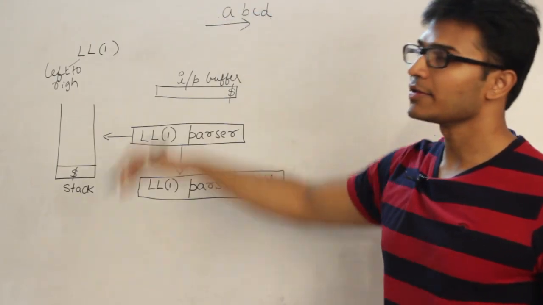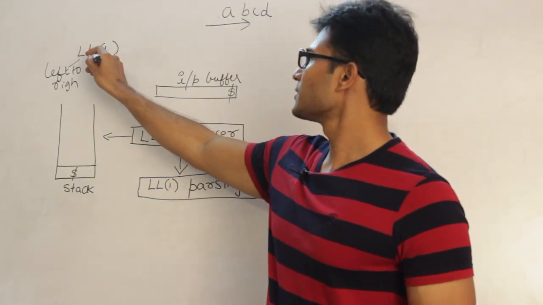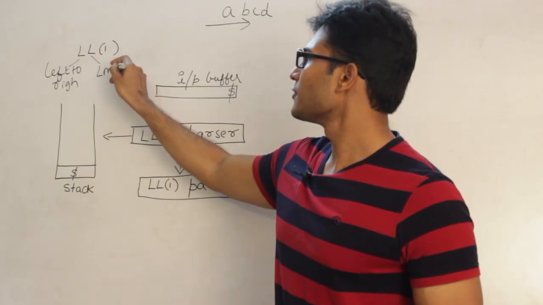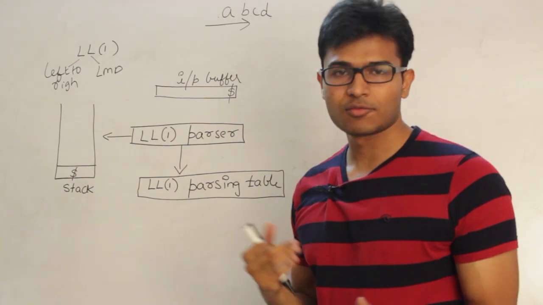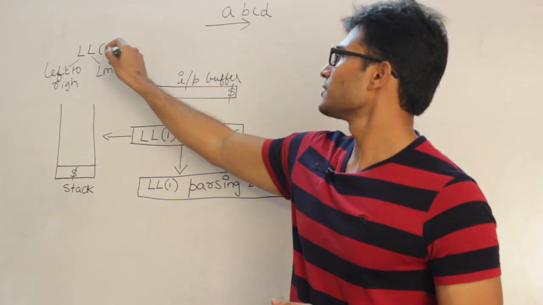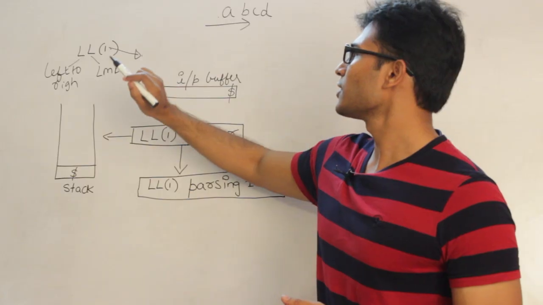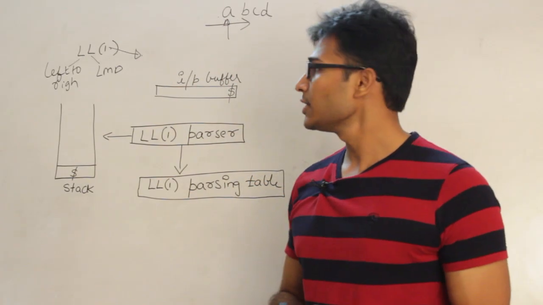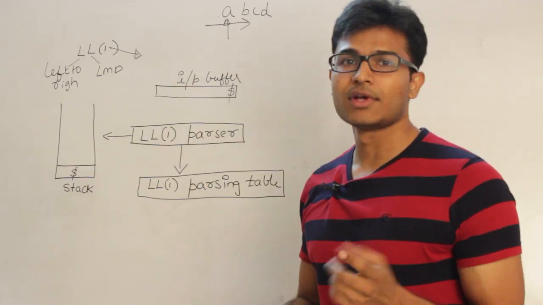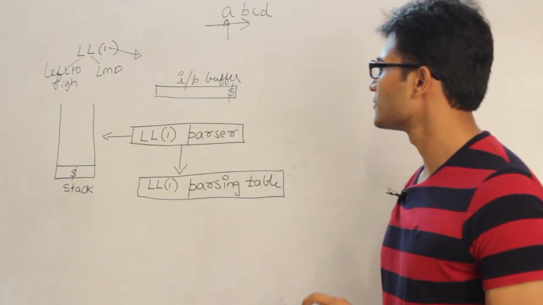I'll not scan it from the other side. And the second L means I am using leftmost derivation. So in the process of deriving the parse tree, we are going to use leftmost derivation. And the 1 means the number of look aheads. Look ahead is nothing but how many symbols you are going to see when you want to make a decision. Generally in LL1 we take only one symbol, so that is why the look ahead is 1.